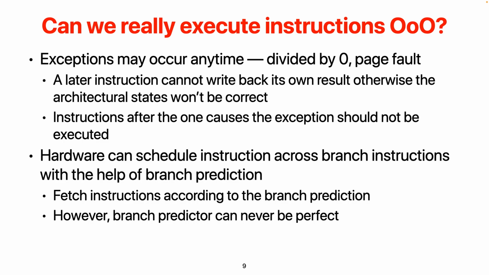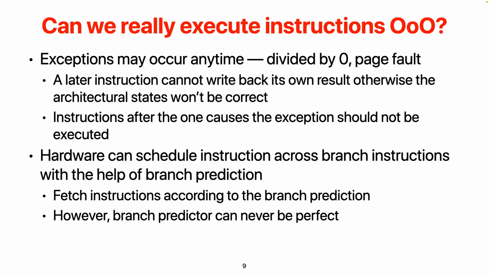However, it sounds like we can execute instructions out of order, but there are restrictions here. First of all, dynamic instruction scheduling is based on the fact that we are able to continuously fetch instructions because of branch prediction. Whenever you are making a prediction, there's always a case that you might get it wrong.